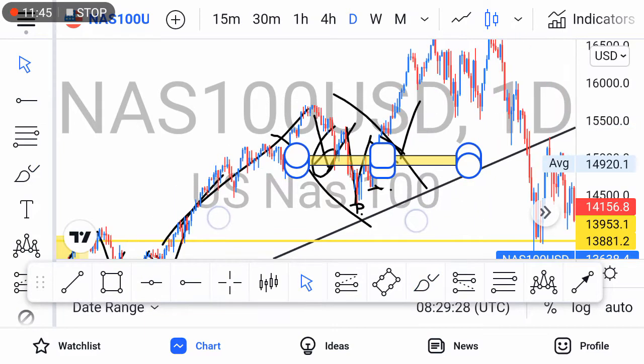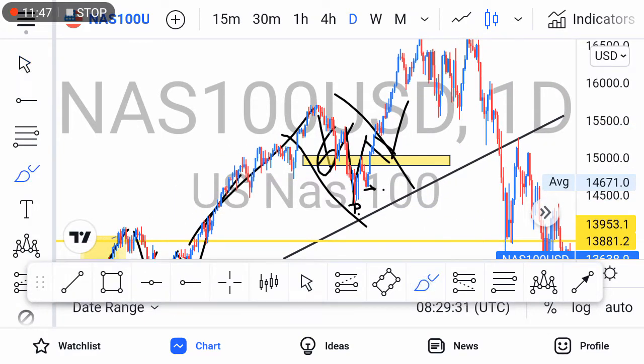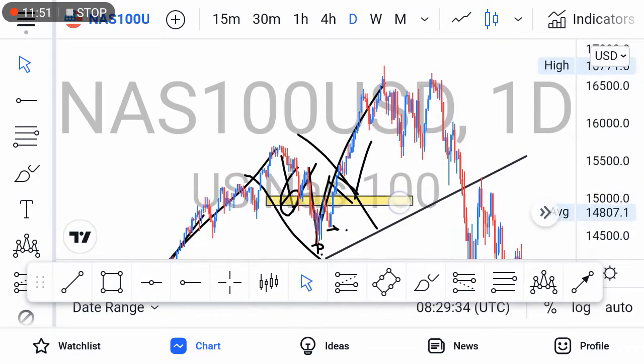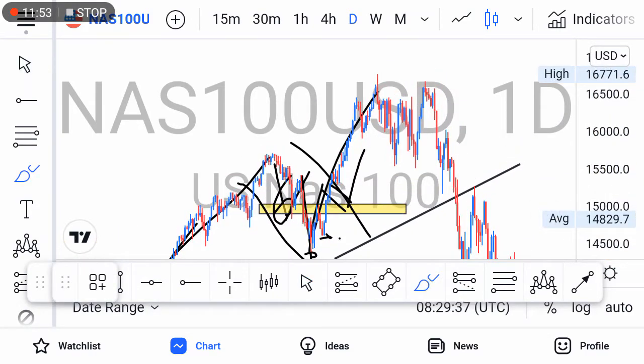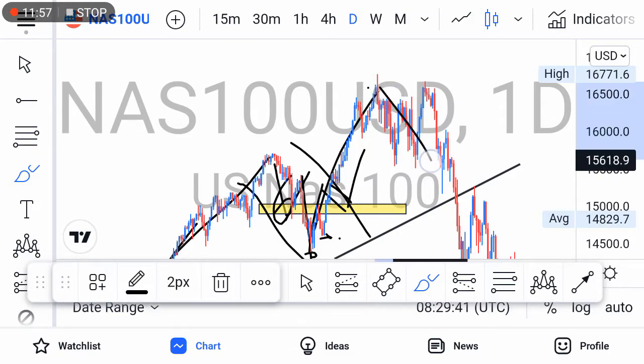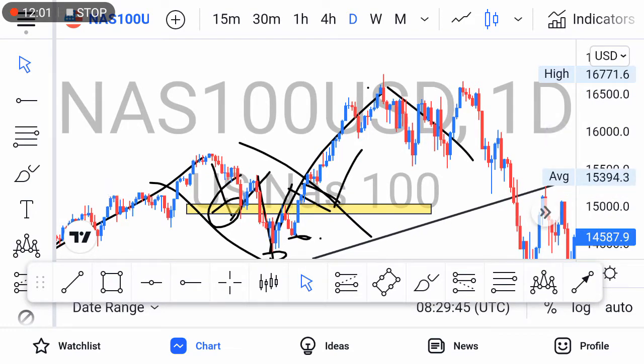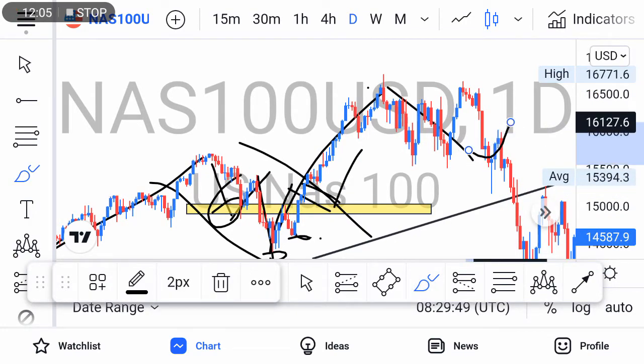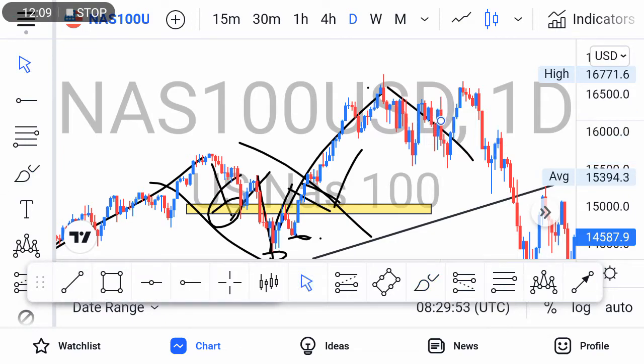So let's see. Our first rule is that price must be in a bullish market, and that first rule is being met. Then we say price must exhaust and become a bearish market. This is our bearish market, and from here price must give us a pullback. Let me just remove some of this drawing.